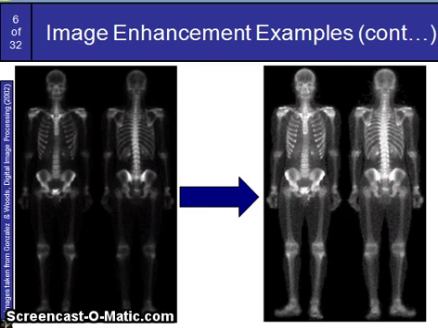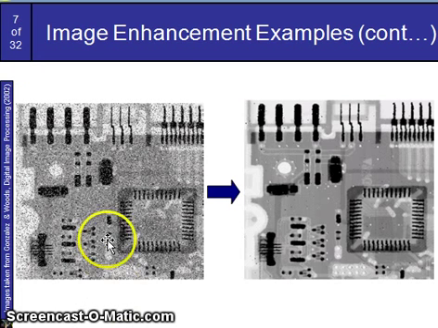When we take this PCB board, which is corrupted with salt and pepper noise on this side, noise removal gives a very clear image of the PCB board, and this shows clearly that the noise is removed. So in general, image enhancement is useful for improving the quality of images so that details are clear, and also for removing noise.